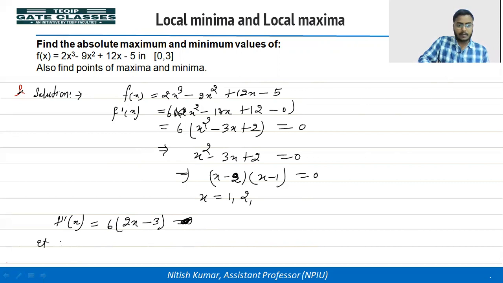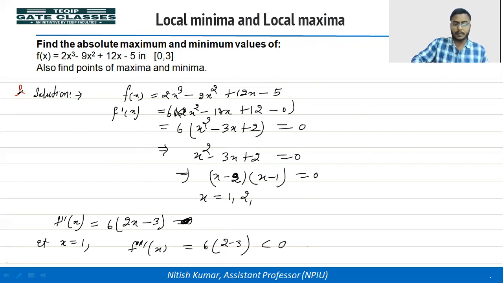So at x is equal to 1, what we are getting? f double dash x will be 6 into 2 minus 3, less than 0 we are getting here. So less than 0 means x is equal to 1 is the point of maximum, maxima.